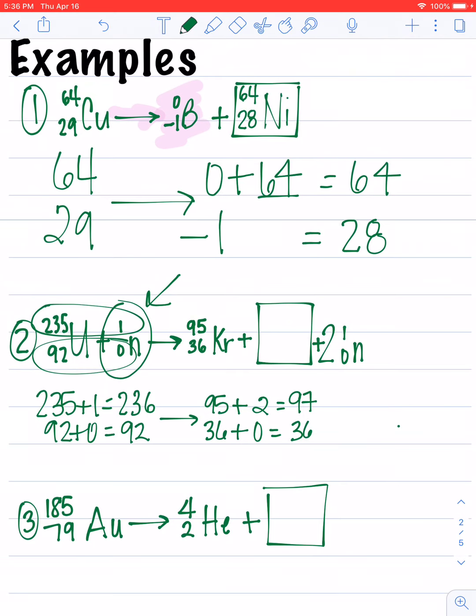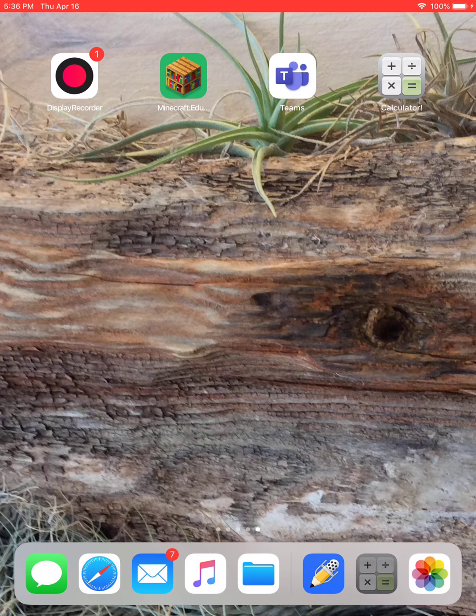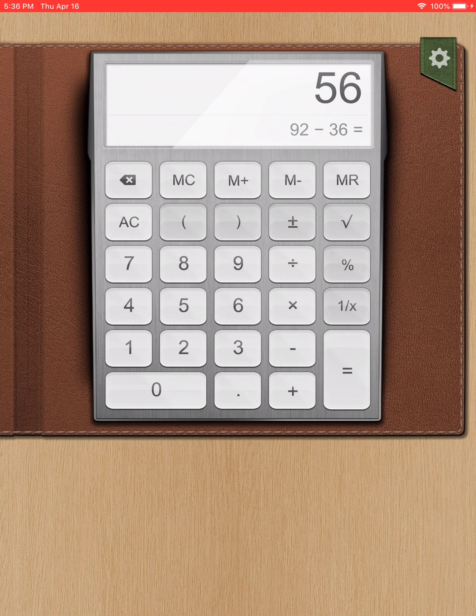Hopefully you recognize that that is a simple subtraction problem. So 236 minus 97. Go ahead and pull up your calculator. 236 minus 97 equals 139.